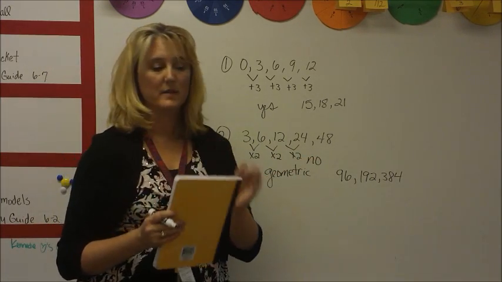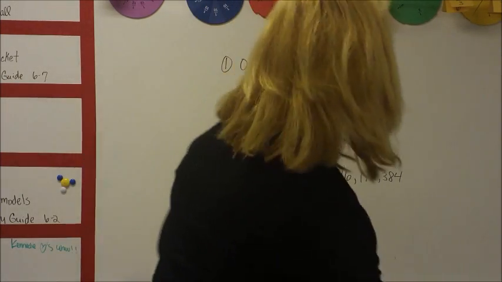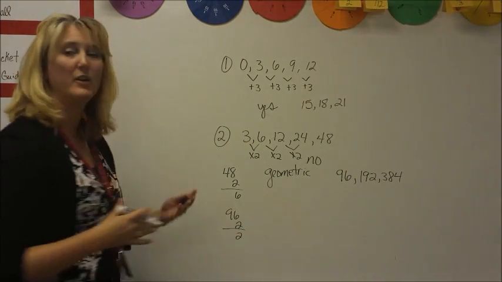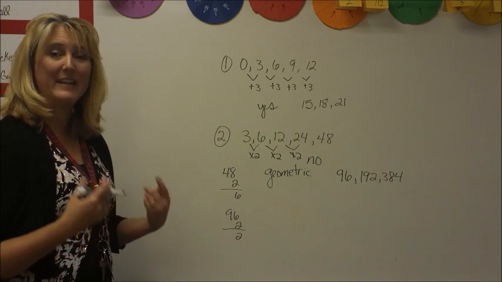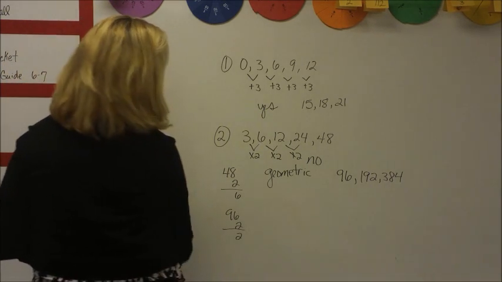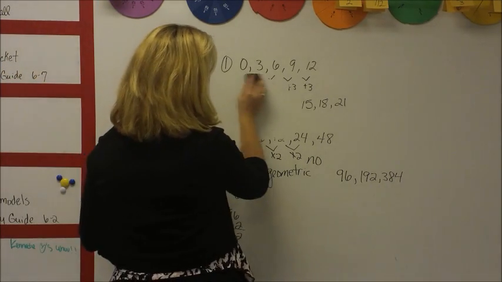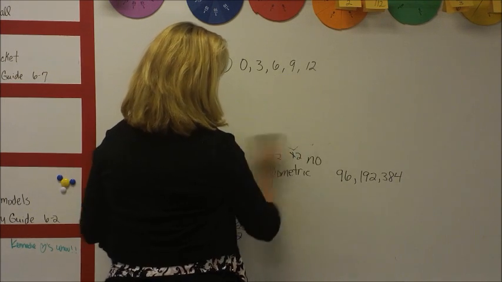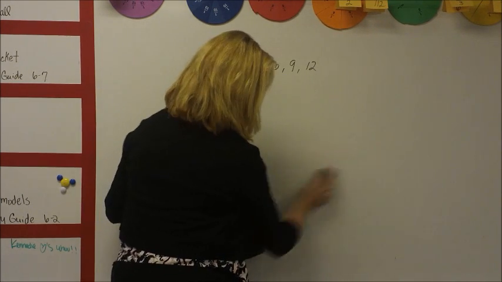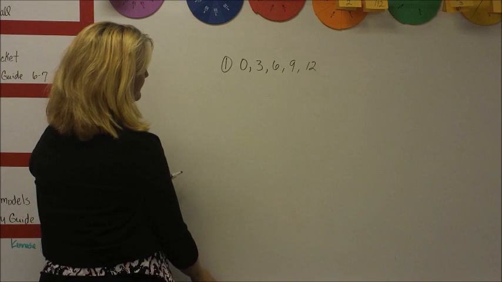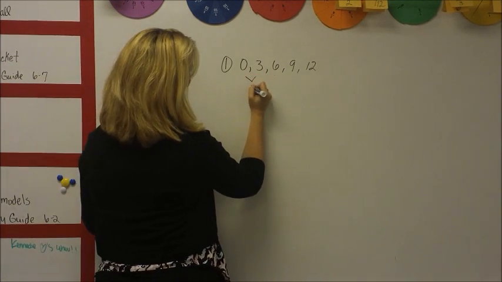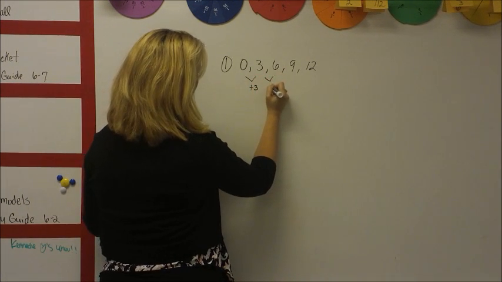But I do also want to talk to you about how to find an expression that will allow you to find any term in the sequence. All right, let's just take this first sequence. All right, we already said that our pattern was plus 3.